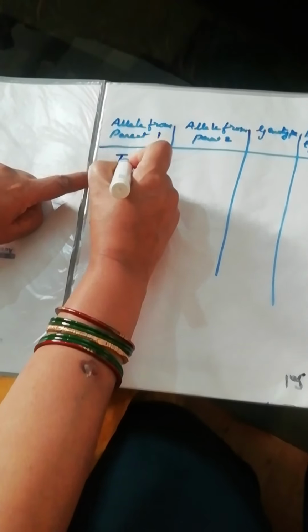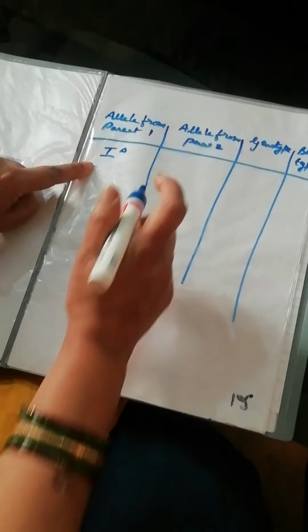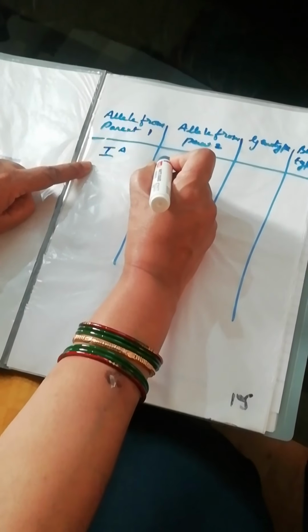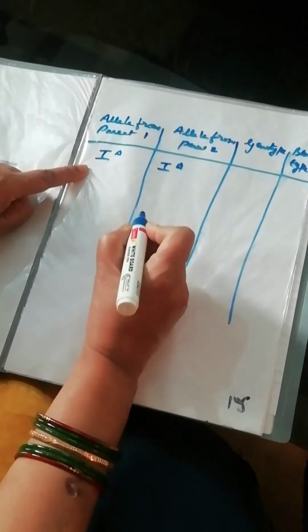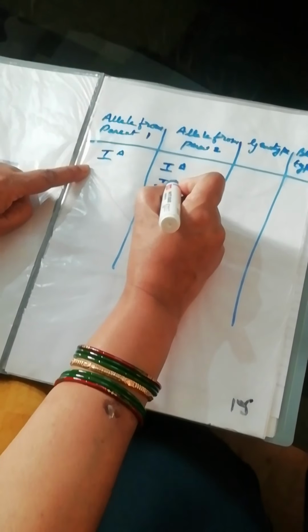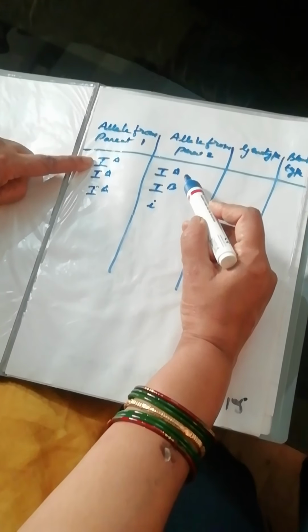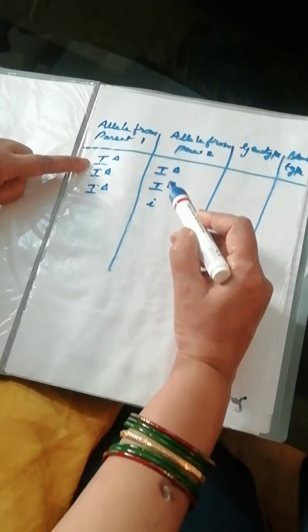Now let's see what are the possibilities. Suppose the allele contributed by one of the parents is IA. What are the possibilities? It may combine with IA, may combine with IB, or may combine with small i.